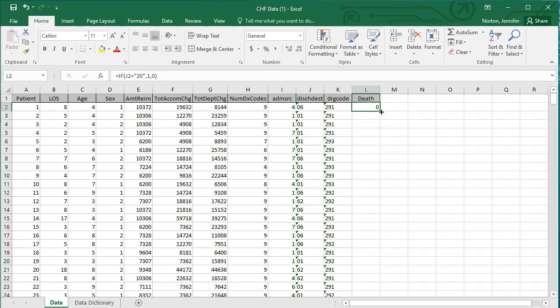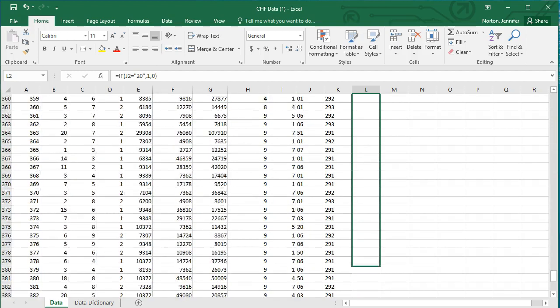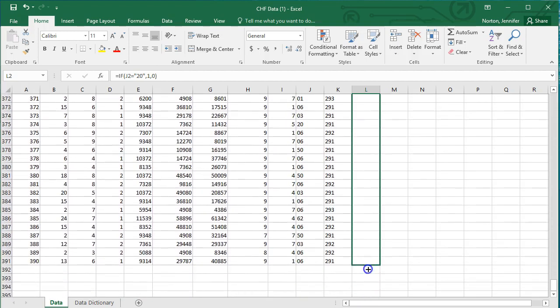So we're going to copy the same formula all the way through our data set. We can do that by going to the far right hand corner, and when we get that crossbar symbol, we can click on that and drag this formula all the way through our data set, our 390 patients, I think. Okay, so we can look here and we've got lots of zeros, which is a good sign.